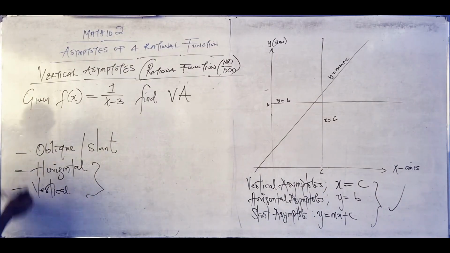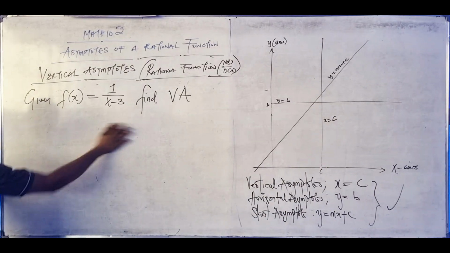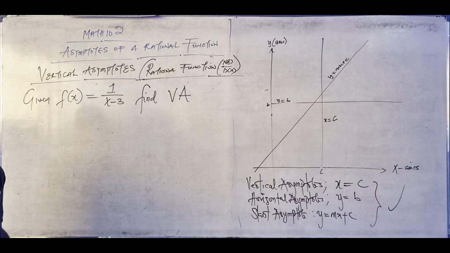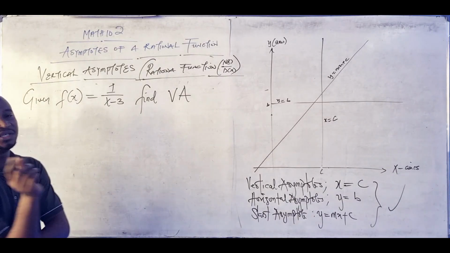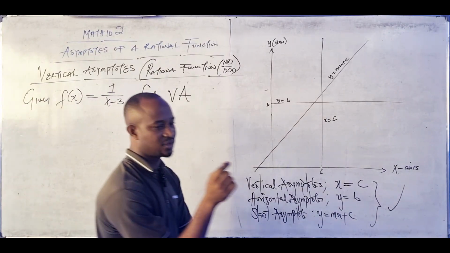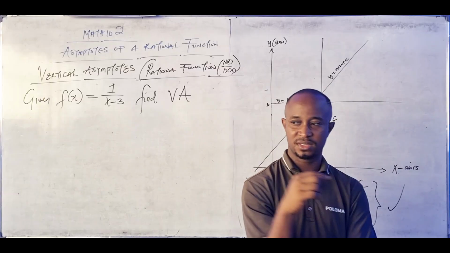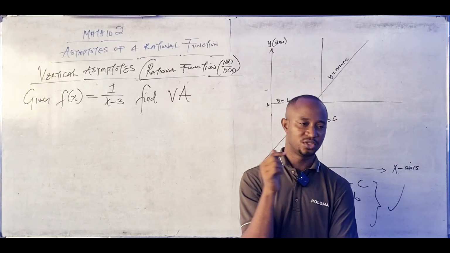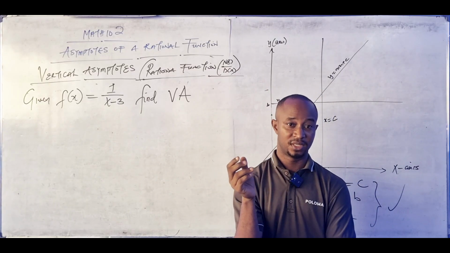Now, we are asked to find the vertical asymptotes. What did I say in general? What is the general rule of finding vertical asymptotes? We set the denominator equal to 0.